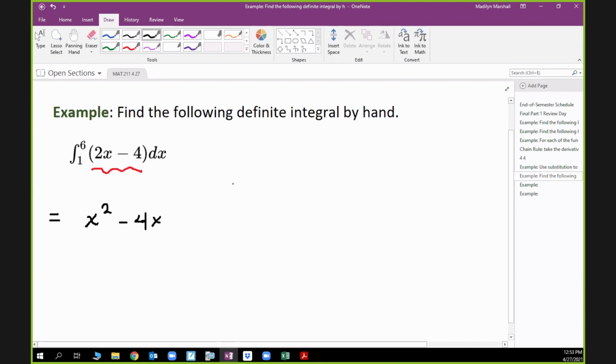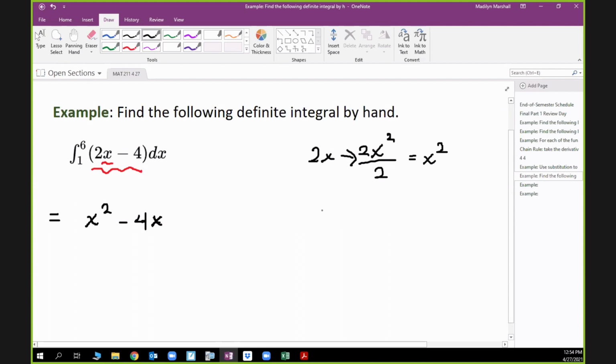So x squared comes from taking that x from here, raising the power by 1. It has a 1 for a power right now. It goes up 1 to the 2. And we divide by the new power, which turns it into just x squared. So 2x becomes, excuse me, 2x squared over 2. And then the 4 just gets a little x added onto it.